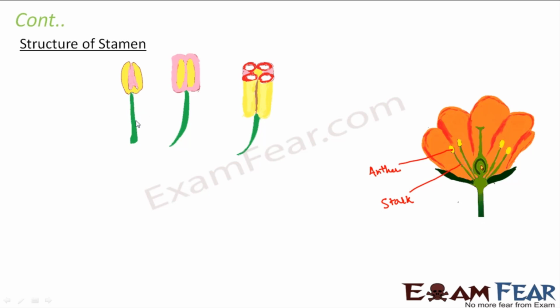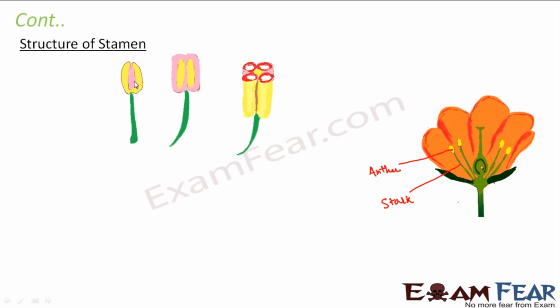Now when you look at it very closely from the back side, this is how it looks. These are the two lobes of the anther. In the picture you just see a small yellow structure, but when you see it closely, there are two lobes of anther, connected by this pink structure, known as the connective.